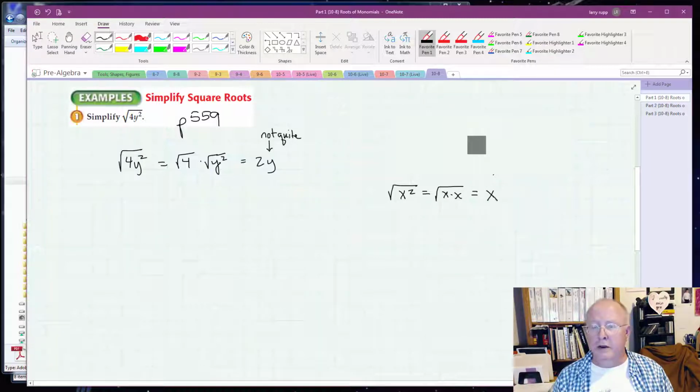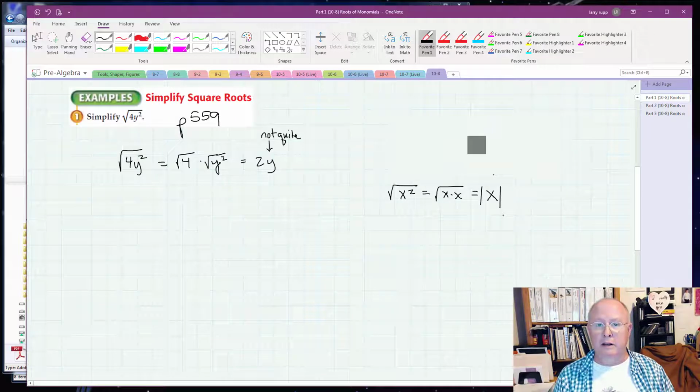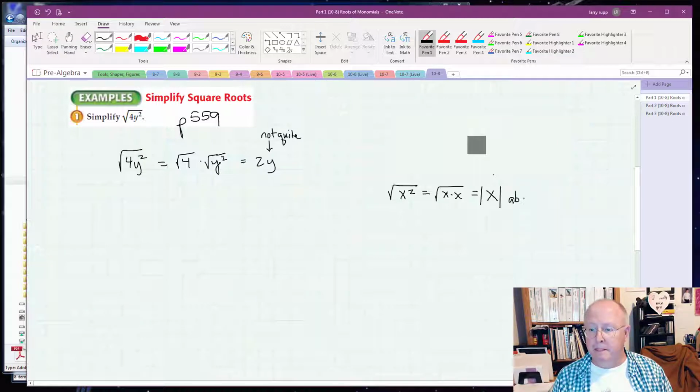But you don't know the value of x. You don't know whether it's positive or negative. So how do you make it positive? You have to use absolute value signs around the x to force it to be positive.